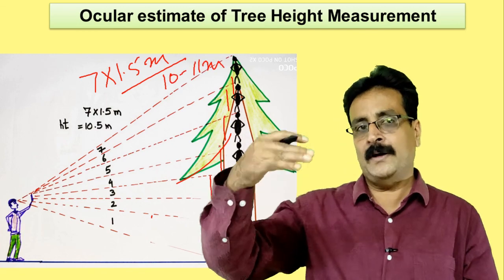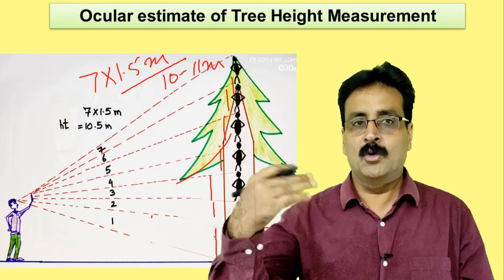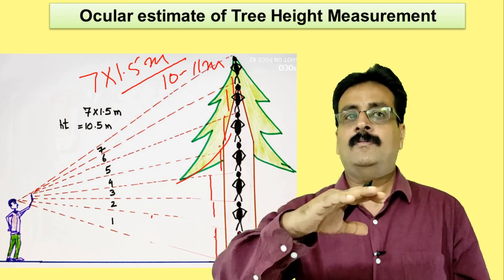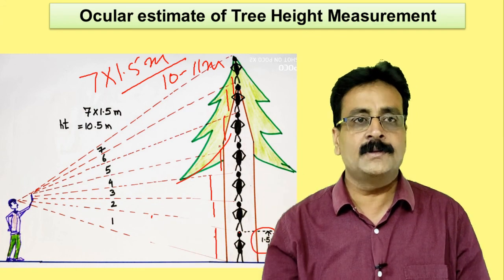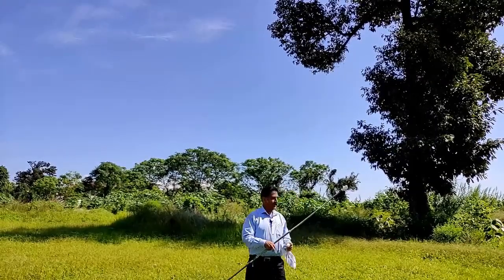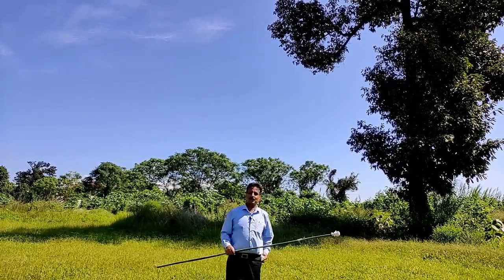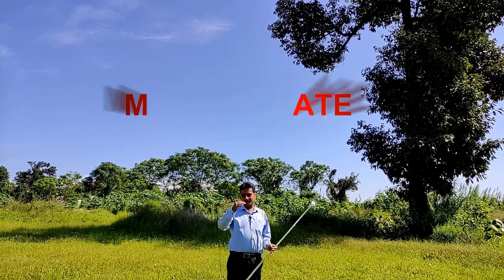Now I think it is better we go to a demonstration. I'll demonstrate in the field so you can understand better. This method is not very accurate, errors may come, but let's see in the field. Another method is measuring the tree with the ocular method, by our experience.